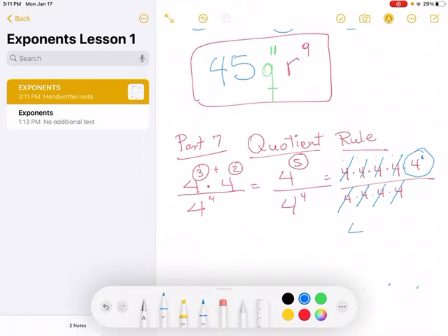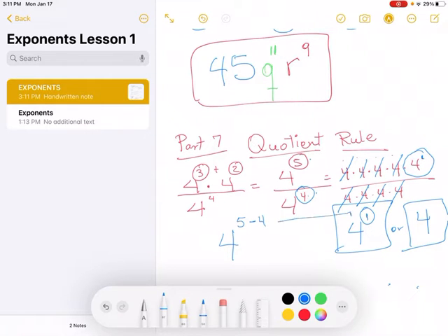So the answer will be 4 to the power of 1, or you can just write 4, because the 1 here is invisible. Now, how do we get to the answer of 1 if you have these two numbers? We subtract the top 5 minus the bottom 4. 5 minus 4 will give you 1.